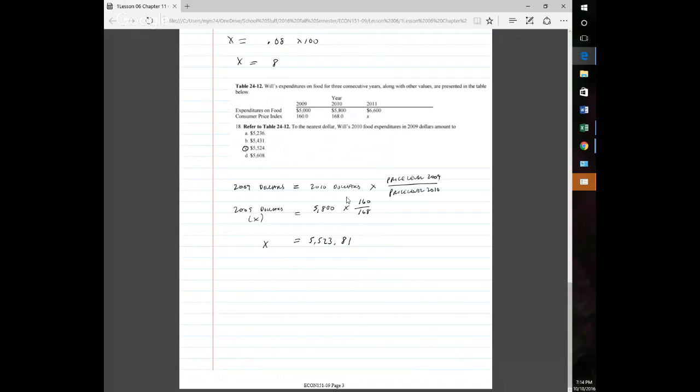You kind of have to do it backwards because instead of converting, like in the book for Babe Ruth's salary, an older one to a newer one, in this case we're converting a more current one to an older one. So you kind of have to do it backwards.